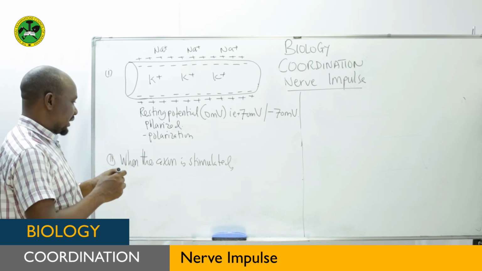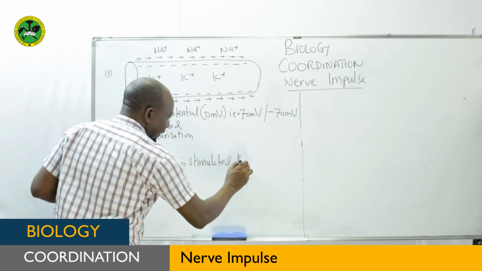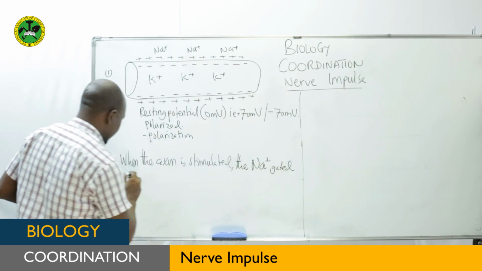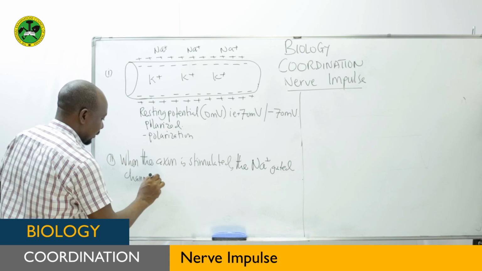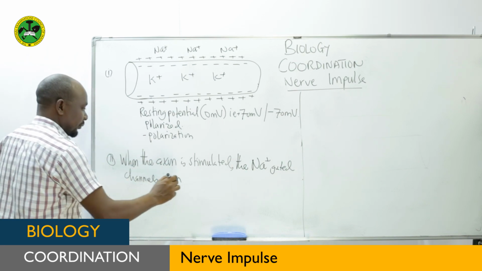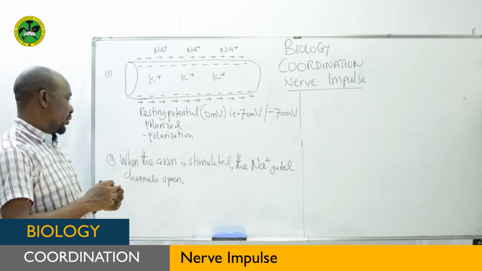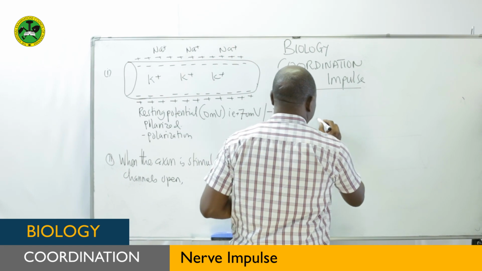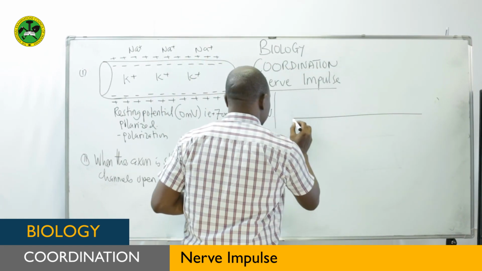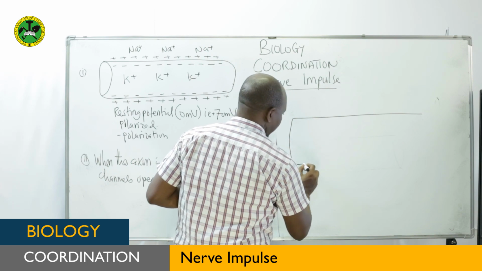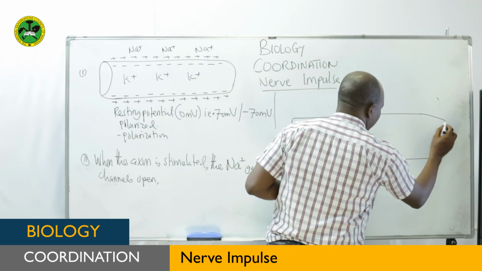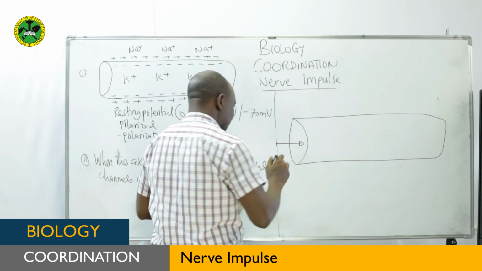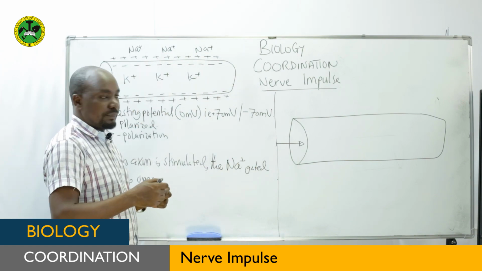So when the axon is stimulated, the sodium ion gated channels open, allowing the sodium ions to rush into the axon membrane. Dear student, we can describe this ionic movement in this situation. Let us assume this is the nerve impulse or stimulus.